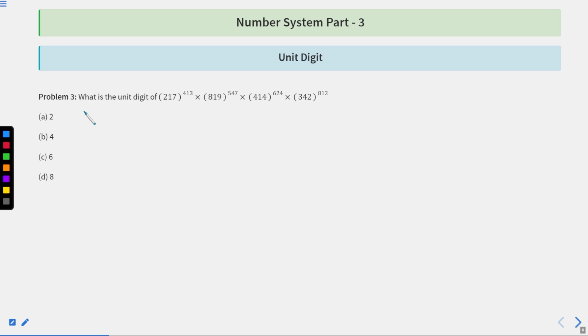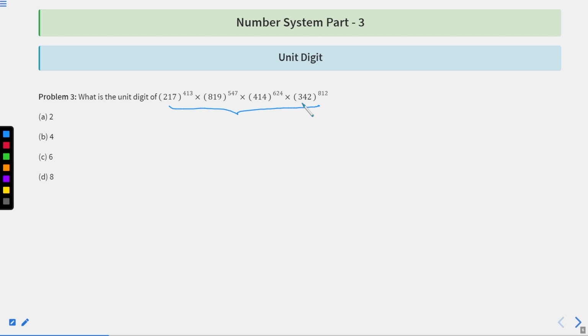What is the unit digit of this huge number that is given to us? 217 to the power 413 into 819 to the power 547 into 414 to the power 624 into 342 to the power 812. So how do you find the unit digit of this product?